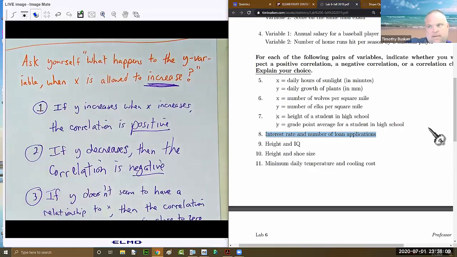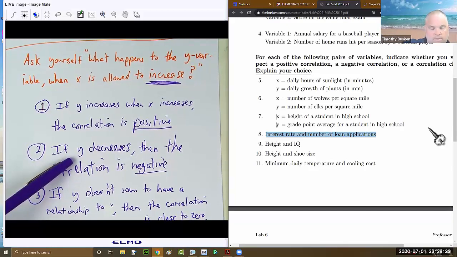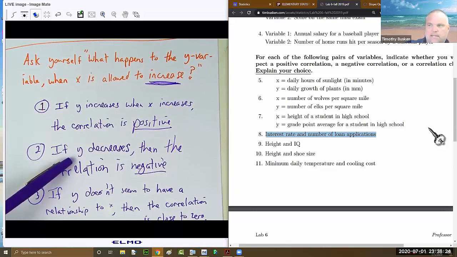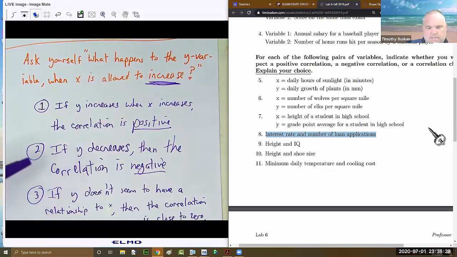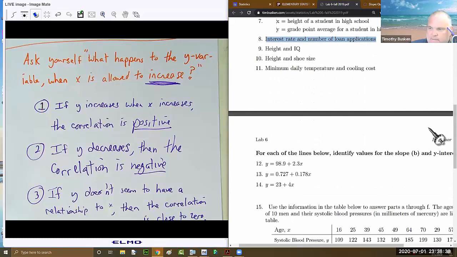As the interest rate starts to creep up, the number of loan applications will actually decrease, because fewer people will be ready to apply for a loan for a home, or businesses will be less likely to apply for that loan because it comes with so much interest. So the correlation will be negative for problem number 8. Okay, so that's how you answer a question of that flavor.